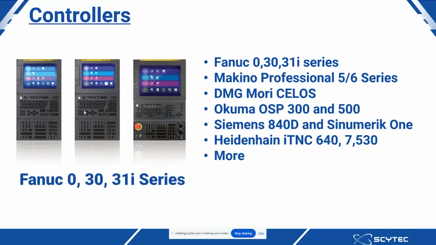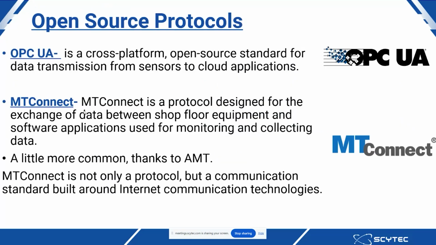And we are going to have more supported controller types in the pipeline for our development down the line. But these are what I mentioned earlier: if you have one of these controllers on a machine, the Ethernet that comes with them is the easiest way for Data Exchange to connect to machines and pull a very rich set of data off of them.